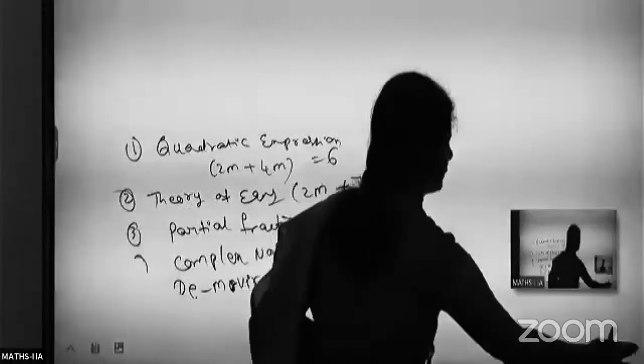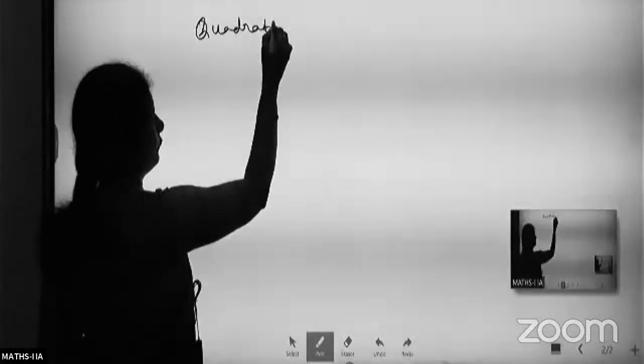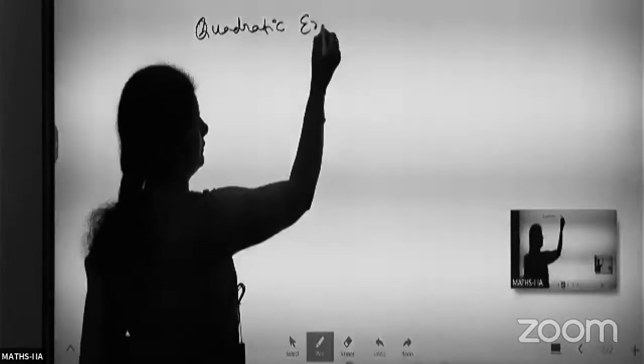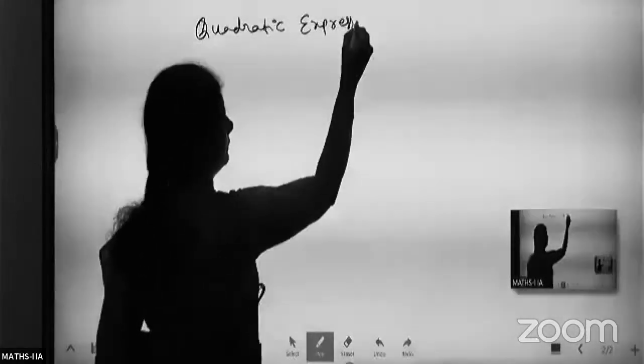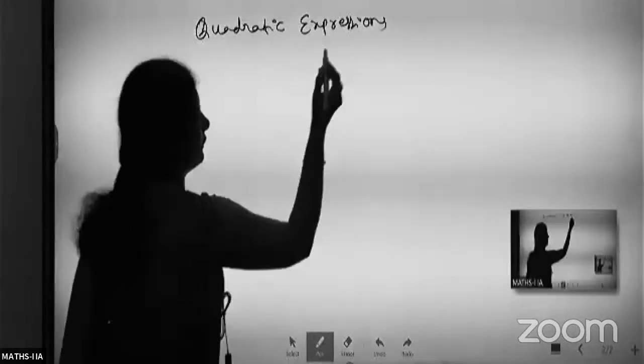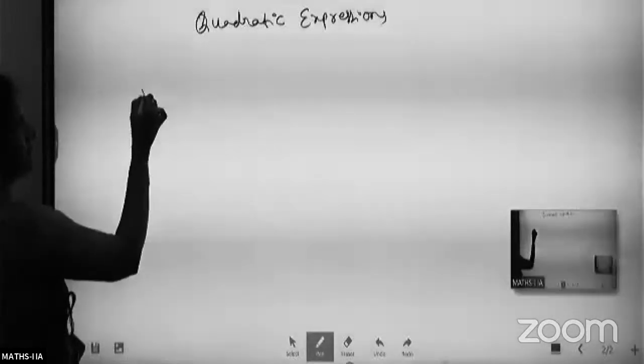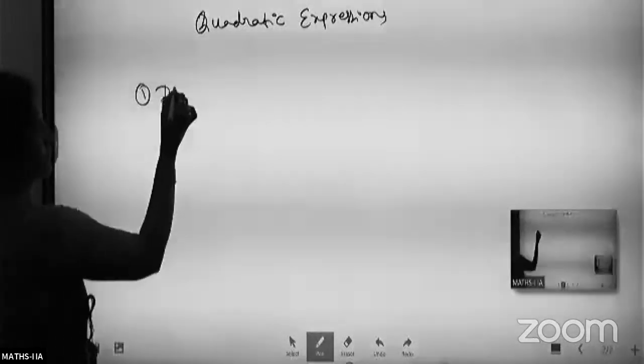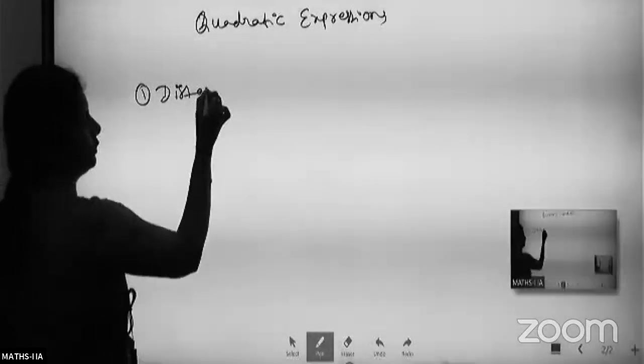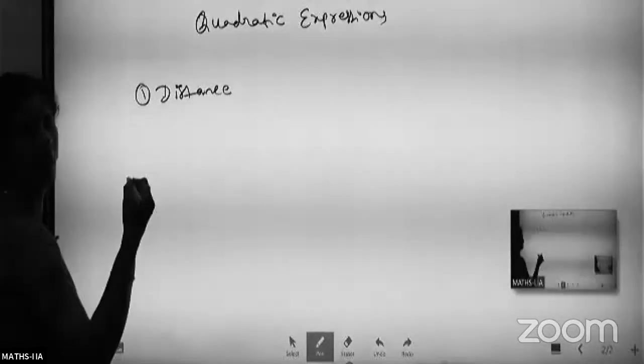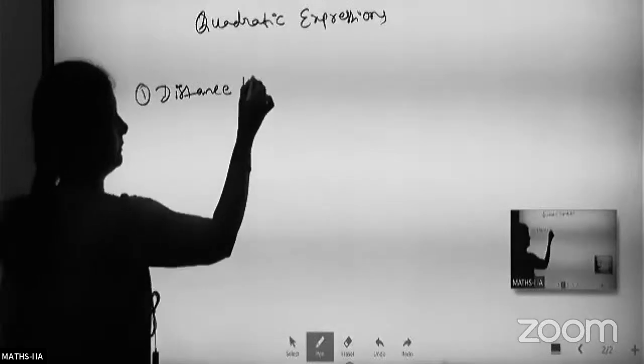So first we'll go for quadratic expression. See here, in that you only need to focus on 4 formulas. The first formula is distance between 2 points. When 2 points are given, how to find out the distance?